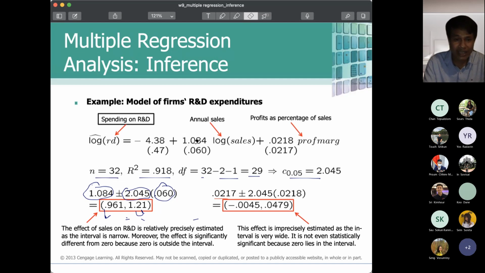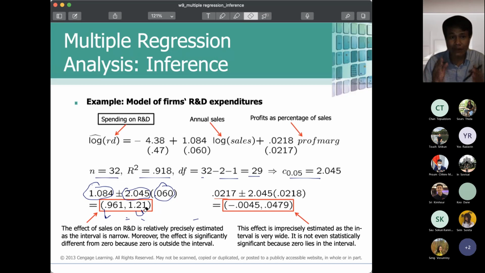And that coefficient is 1.084. If you look at this 95% interval, you see that the lower bound is 0.961 to 1.21. What it says here is that now you only analyze one data set.